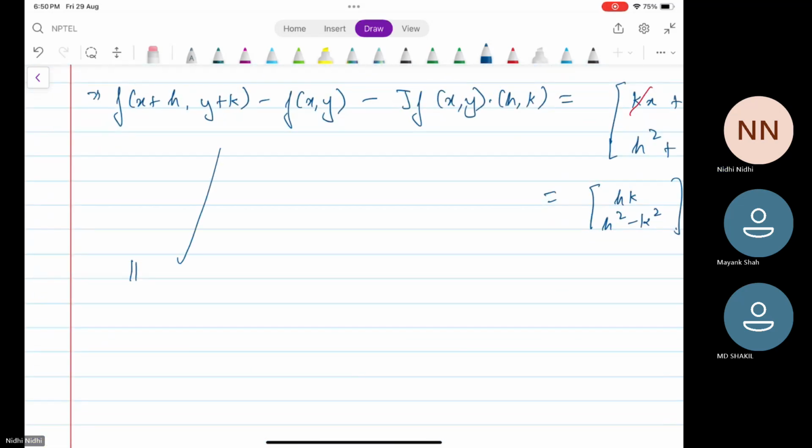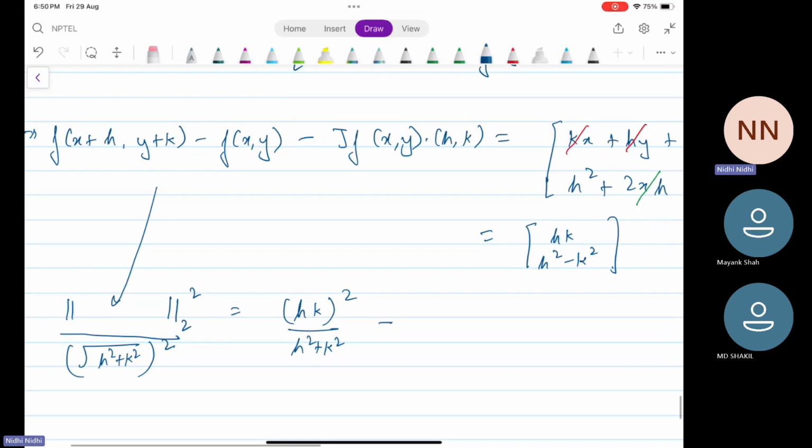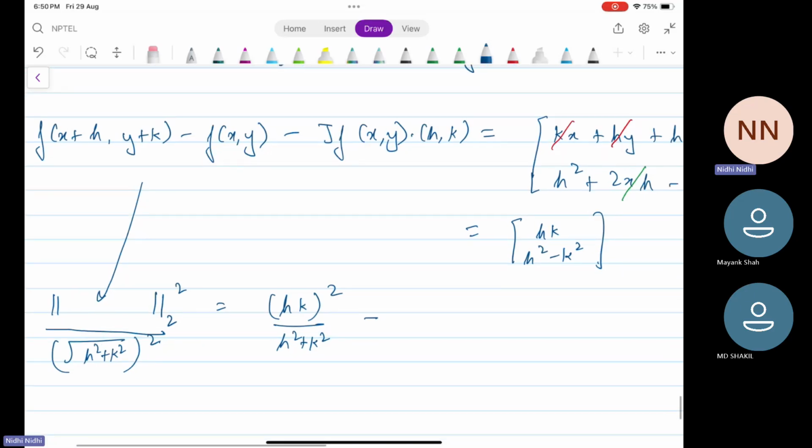This square will be hk square under h square plus k square, that's also square, by h square plus k square, plus h square minus k square by h square plus k square. I want this to converge to 0 as h comma k goes to 0.